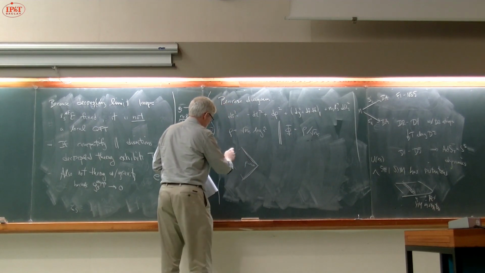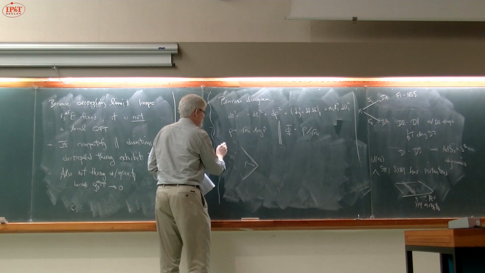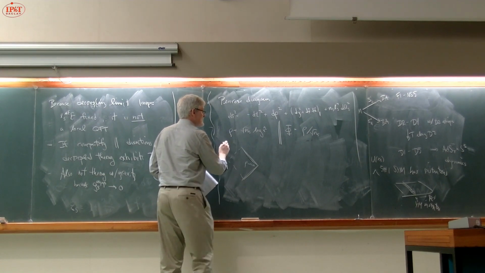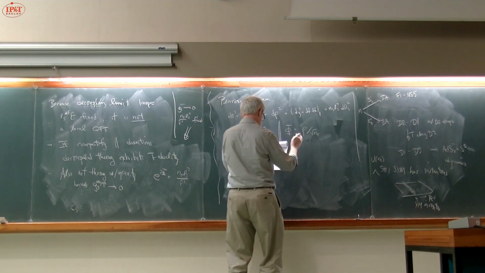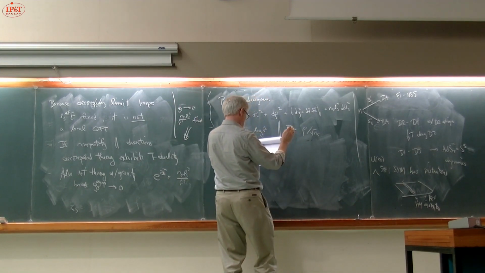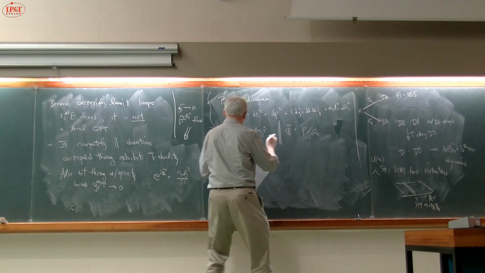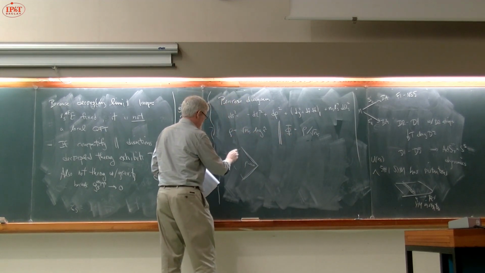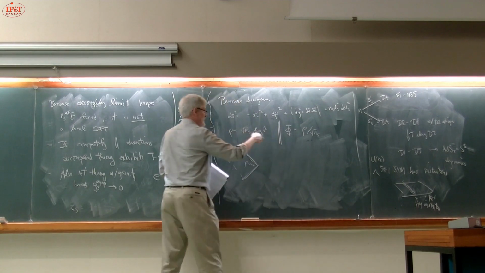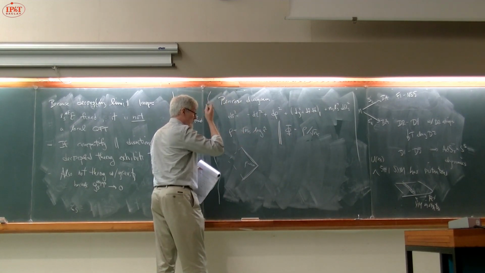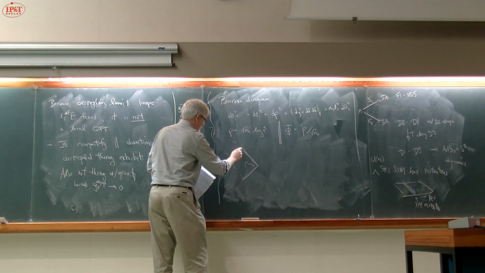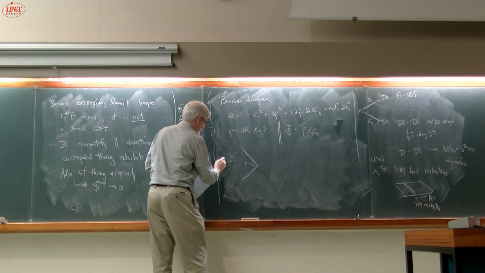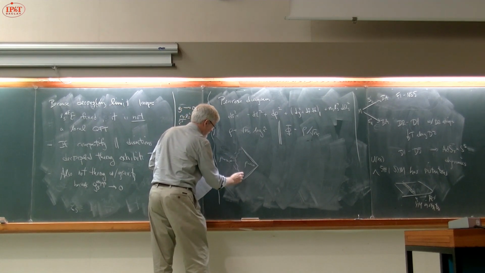And then there's some region rho goes to minus infinity where e to the minus 2 phi blows up, and so this is some kind of strong coupling region.